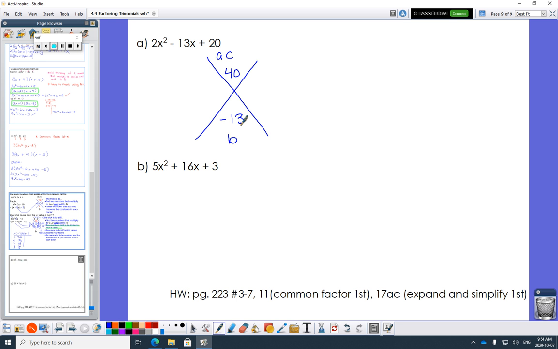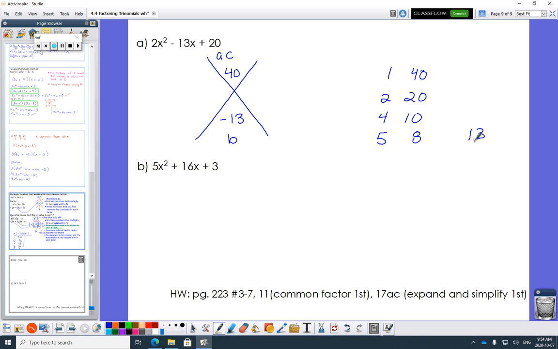But again, maybe you don't know two numbers that multiply to 40 in your head, right? So you're still kind of thinking 1, 40, 2, 20. 3 doesn't work. 4, 10. 5, 8. Oh, we're good now, right? If you do 5 plus 8, that's 13.